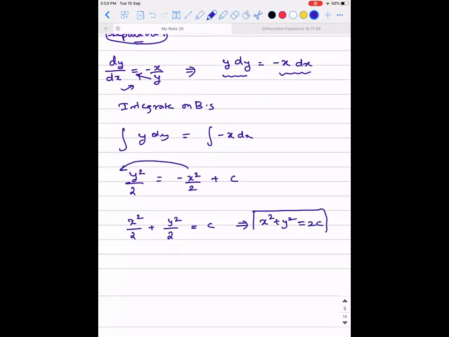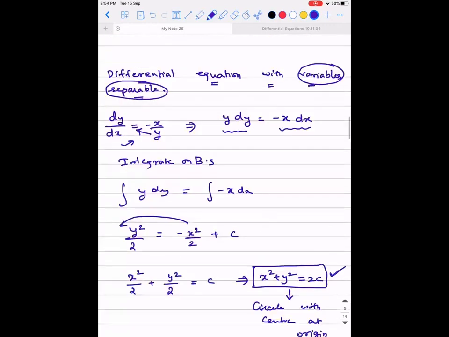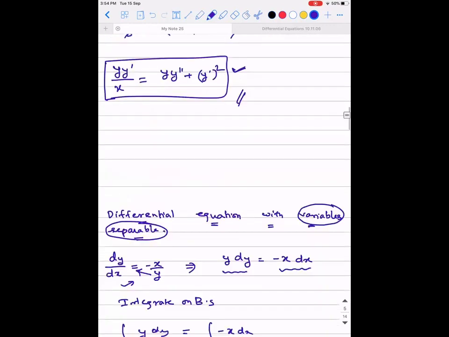What does this actually represent? This still represents a circle with center at the origin. Tell me one thing, are you guys clear till this step? Did you understand how I formed this equation, x square plus y square is equal to 2c? Now see, the first question that we took is x square plus y square is equal to a square.